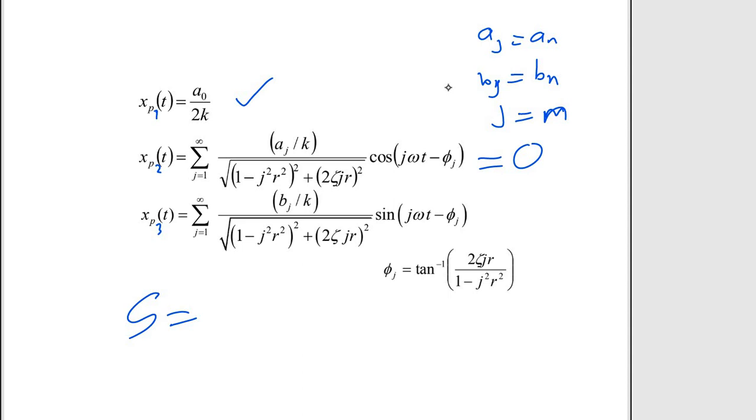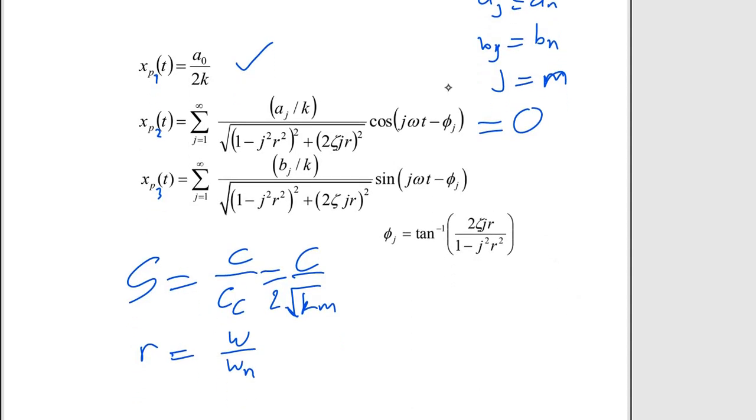The way we can find zeta is we just use our knowledge, which is the ratio of the damping coefficient and the critical damping coefficient, which is C divided by the square root of 2 K M. So we have zeta. Then our r is going to be the ratio of the excitation frequency and the natural frequency.